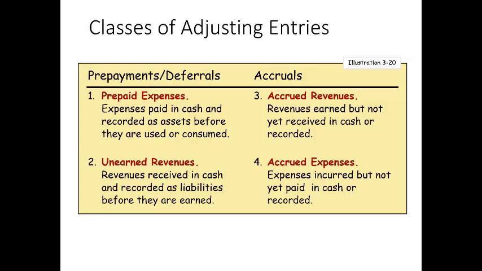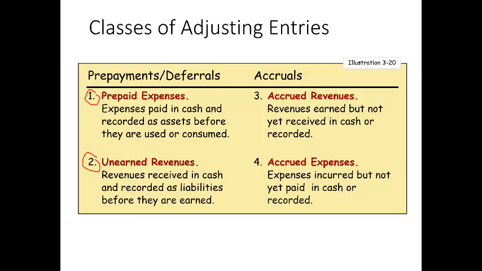So expenses are paid in cash, and we record them as an asset before they're used or consumed. So that's the first type. There's unearned revenue, where we have revenue that's received in cash and recorded as a liability before it's actually earned.